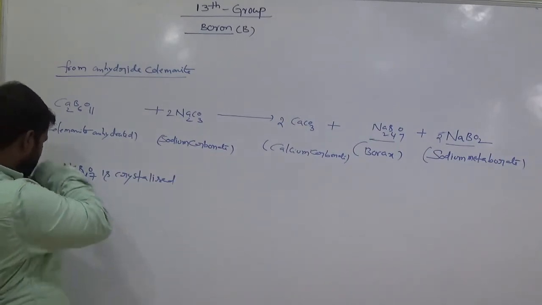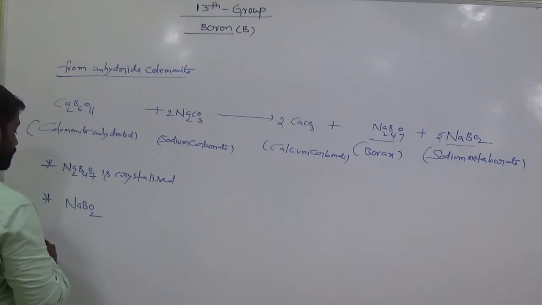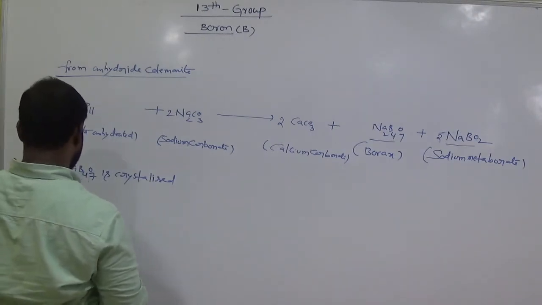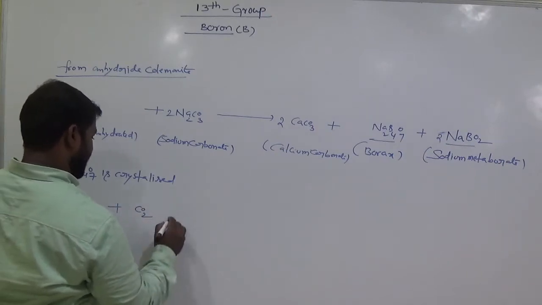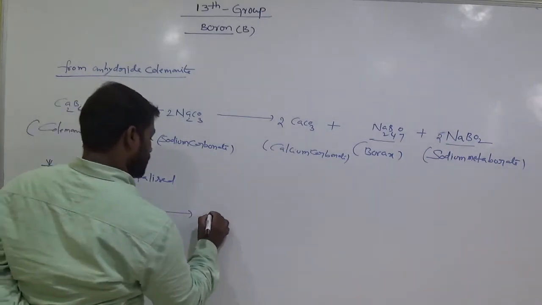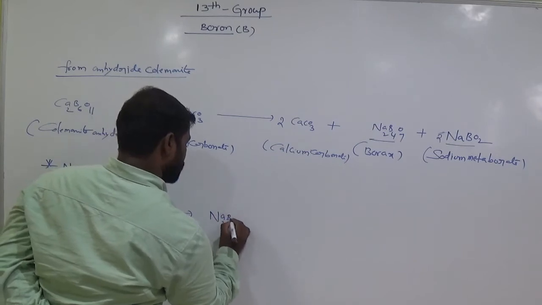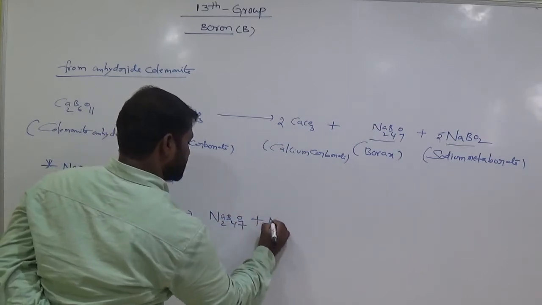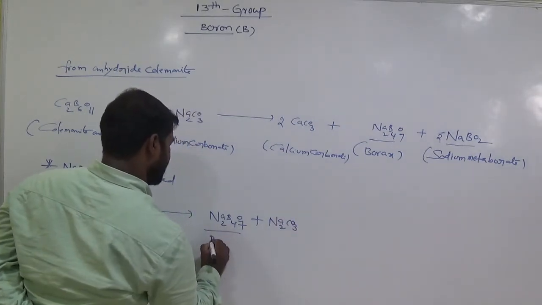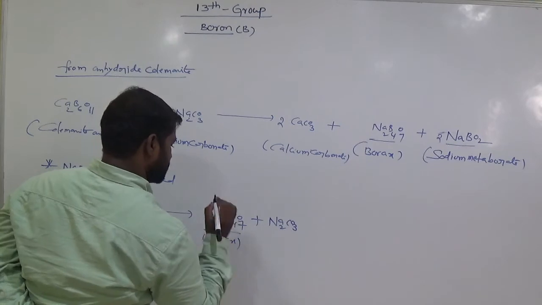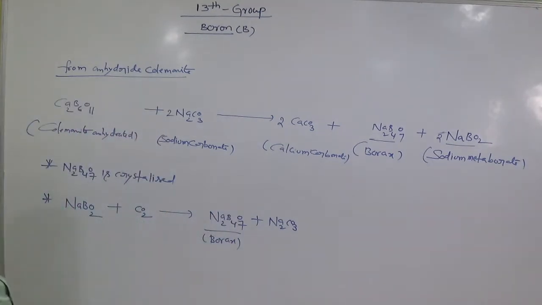This sodium metaborate interacts with carbon dioxide and gives Na2B4O7 plus sodium carbonate. We call it borax again. It gives Na2B4O7 plus Na2CO3 from 4 moles of NaBO2.